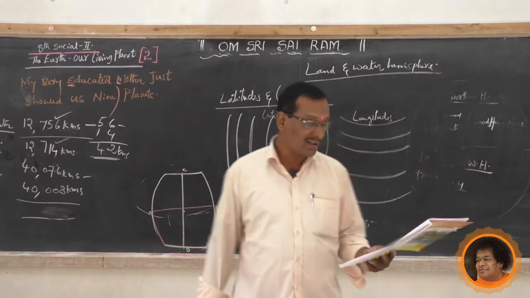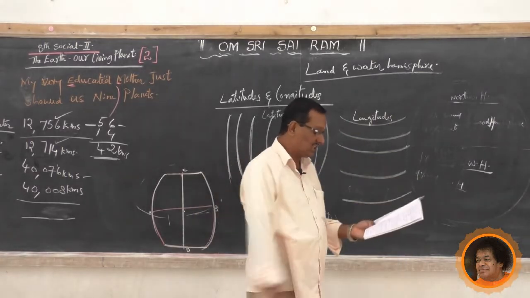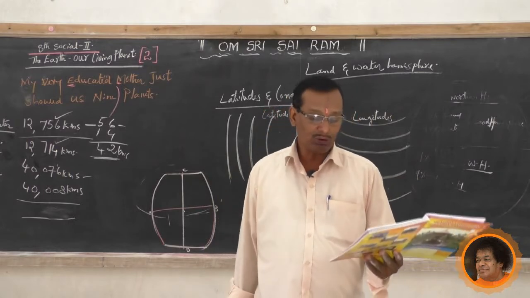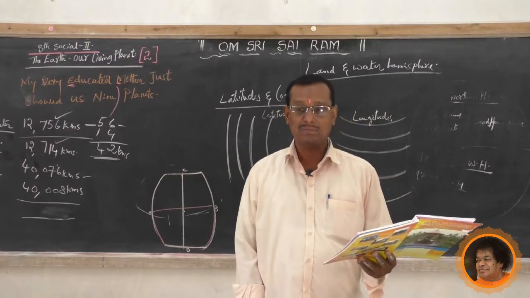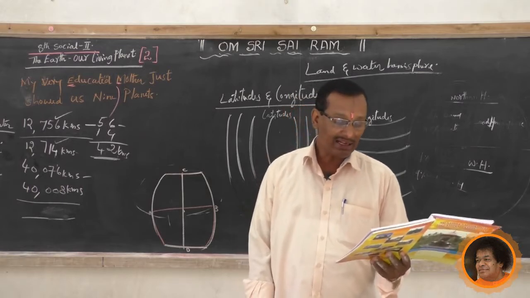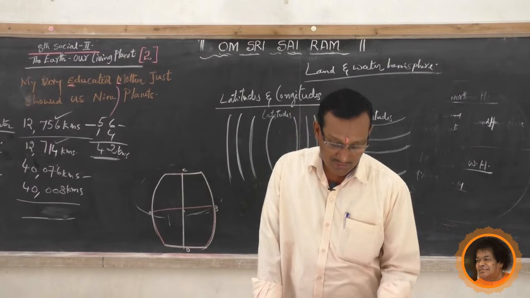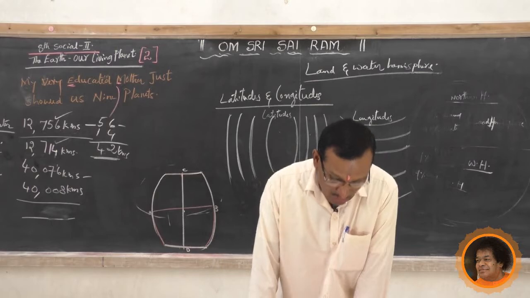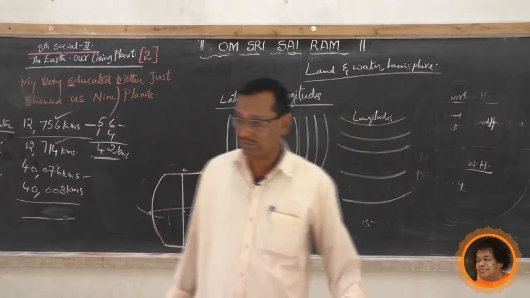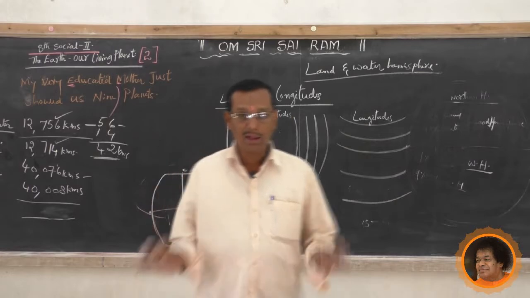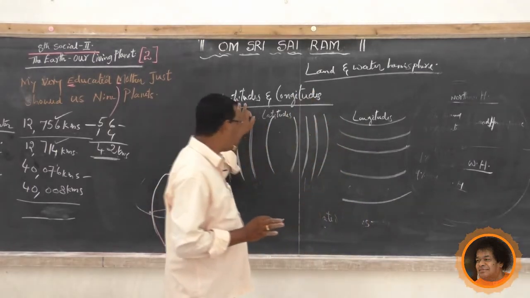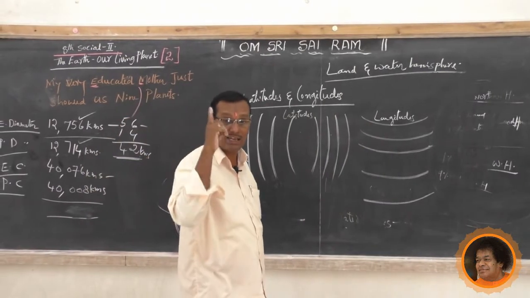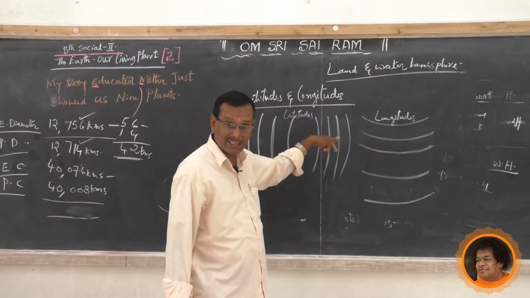The vertical lines are the lines of longitudes. Then what are latitudes? They are imaginary lines which join the places which have the same angular distance north or south of the equator. Who imagined this?